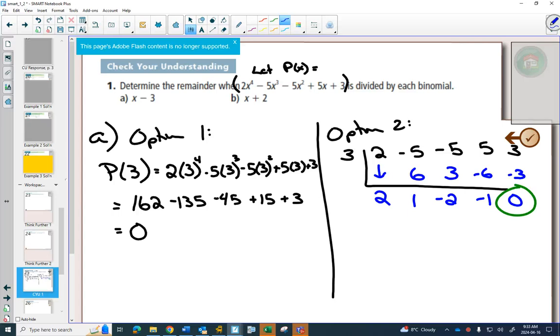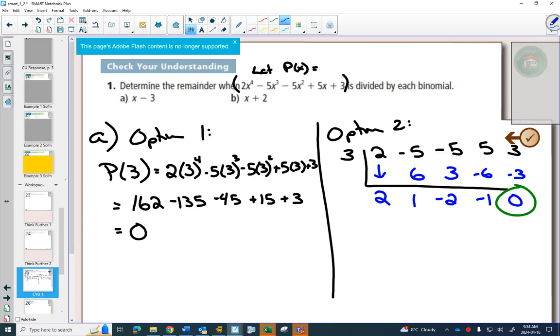Which option in this example is better, in your opinion? Option 2. That was a very emphatic opinion. Yes, I think I agree. Option 2 was way better in this situation for mental math purposes, right? What was the hardest mental math we had to do here? Well, you had to do like 27 times 5, 3 to the 4 is 81. We had some big numbers to work with. What is the hardest mental math we had to do on this side? 3 times 2? That was pretty intense to get that 6. How about negative 5 plus 3? Integers. That was pretty intense.